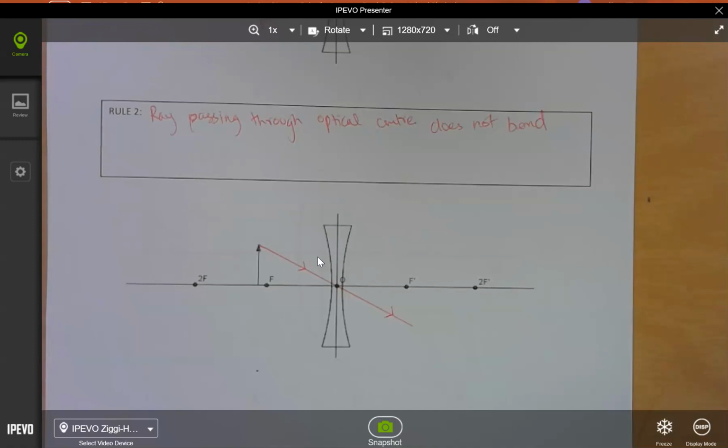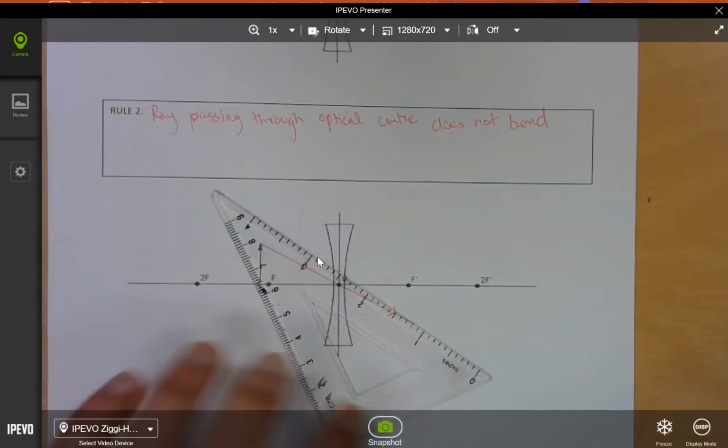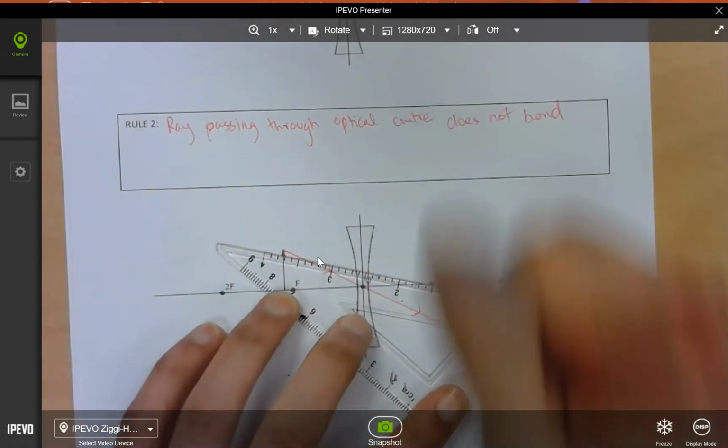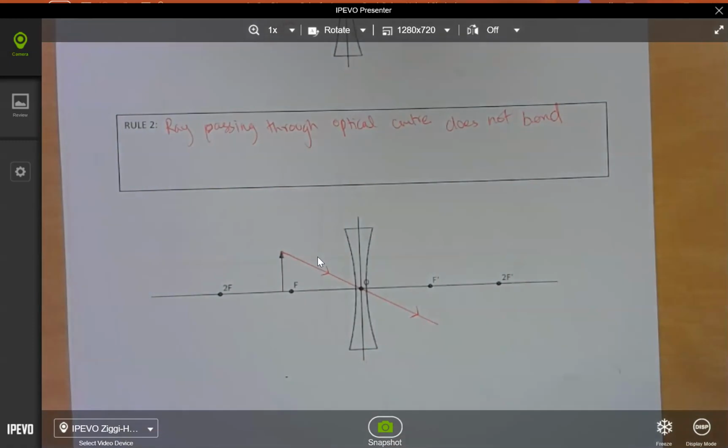The third rule is kind of, there's no third rule, there's two rules. Third rule is complicated and difficult to come by, so we're not going to do that. And the third rule is a way of like aimed at secondary focus. If it's aimed over here, it bends so that it goes through parallel to the principal axis.